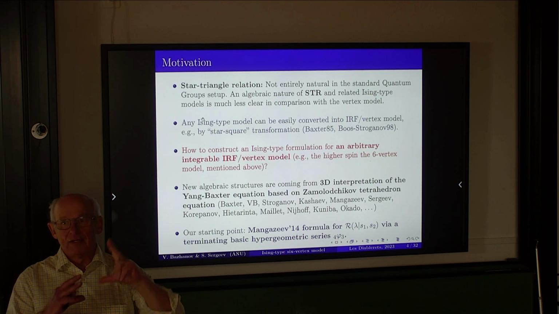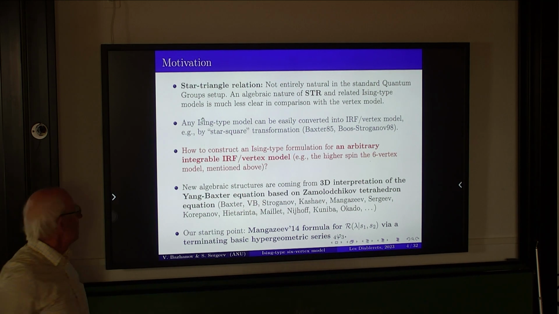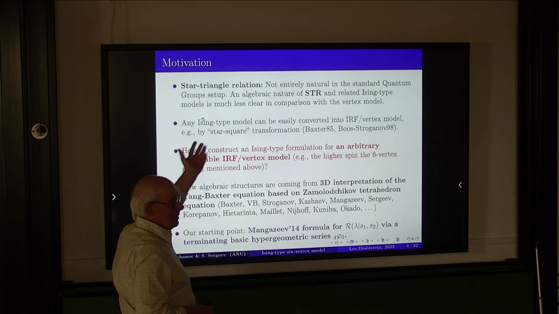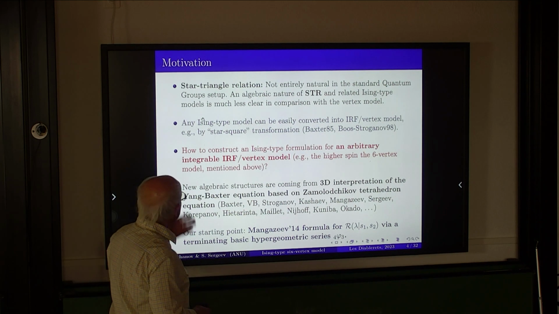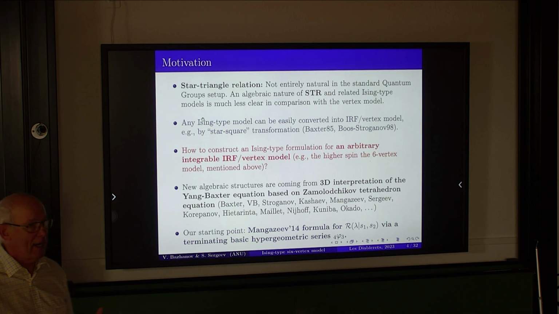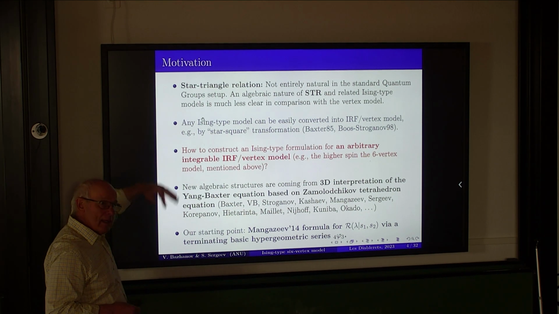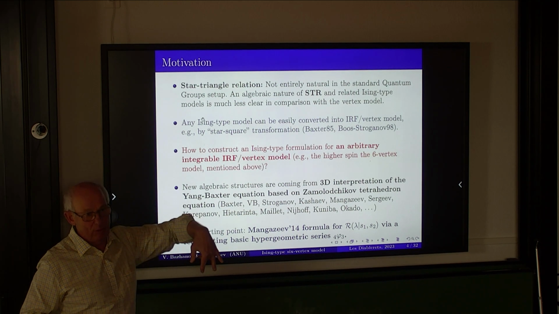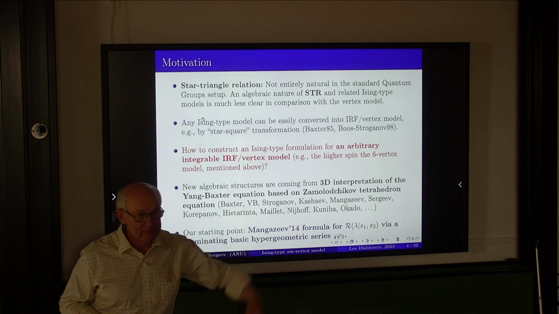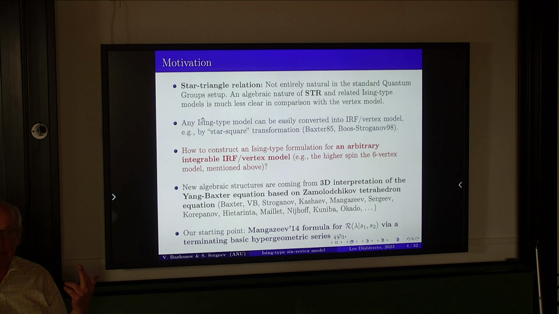We take not just one edge but several edges, glue them together, and can form one particular transformation, called the star-square transformation. Given an Ising-type model, we can convert it to the vertex form or IRF, interaction round the face. But that's a one-way street.